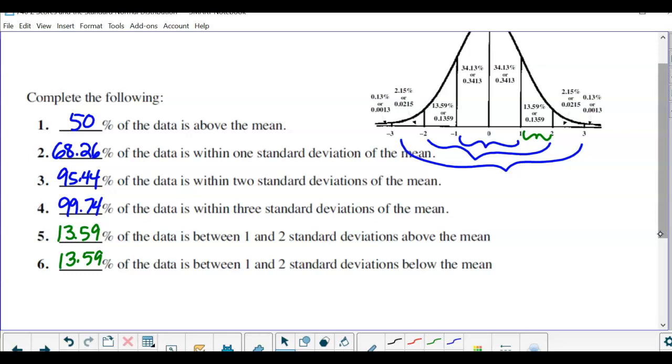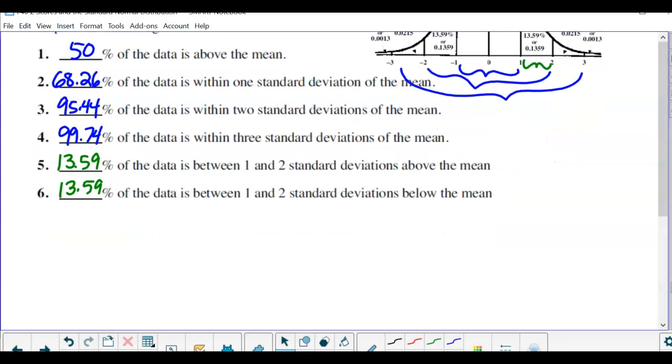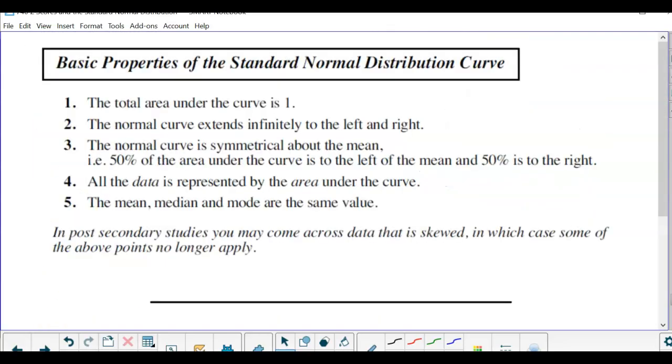Okay? Some basic properties are listed on the next slide. So the total area under the curve is 1. Right? So area is 1. Percentage-wise, that's 100%. Okay? So area is equivalent to percent. Right? So in your calculator, it's going to give a value less than 1.